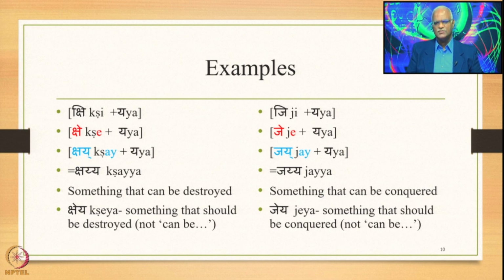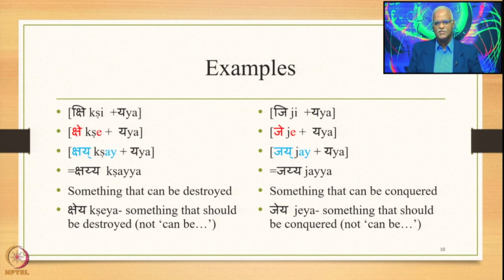Ksheyam papam jayam manaha, that is the line stated in Vyakarana Siddhanta Kaumudi. Ksheyam papam, papa is something that should be destroyed. It is always not possible to destroy it, but that should be destroyed. And jayam manaha, mind, is something that should be conquered. However, it is not possible to conquer it, but it should be conquered.